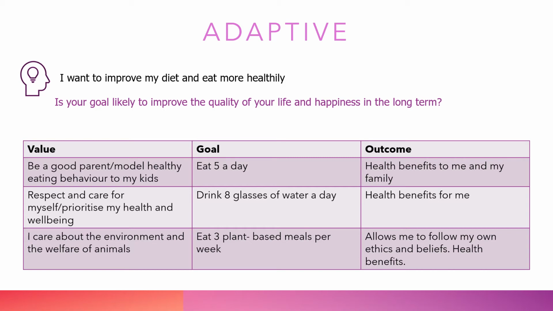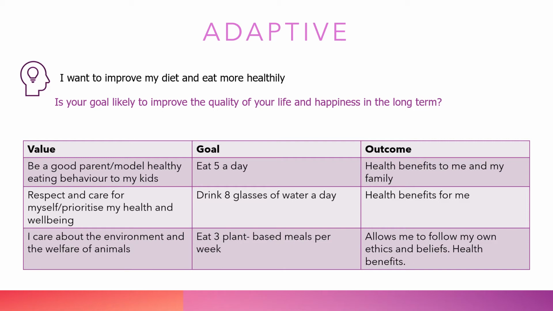And we've got our third example goal here, to eat 3 plant-based meals a week. We can link this to values that we might have about caring for the environment and the welfare of animals. That can be linked to someone's ethics and their belief system.